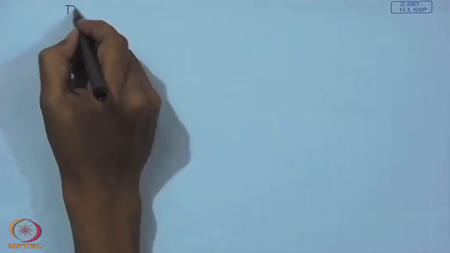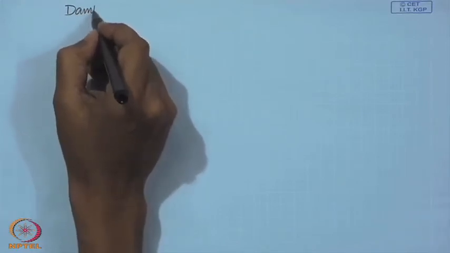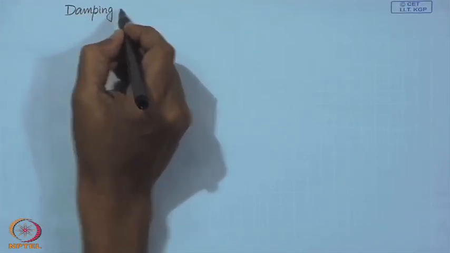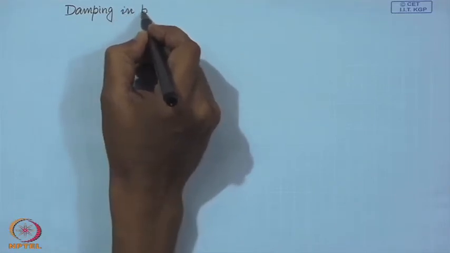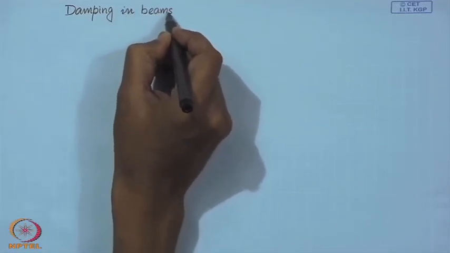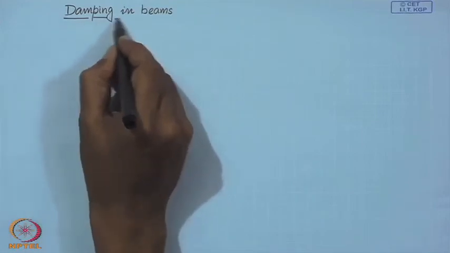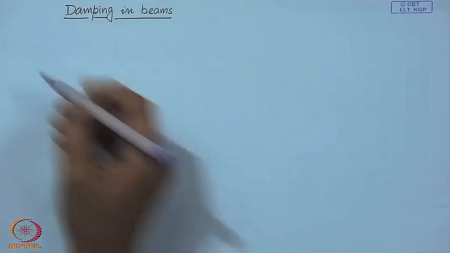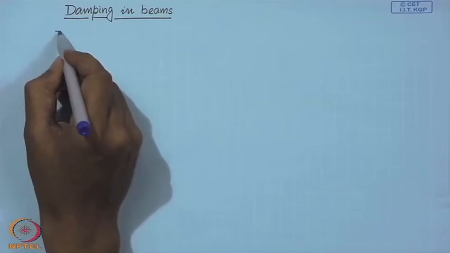So, we must introduce this internal damping in a phenomenological way. To do that we follow the Kelvin-Voigt model. So, let us look at this model for internal damping. So, first we are going to look at internal damping.